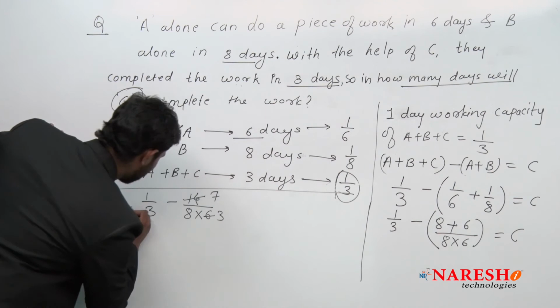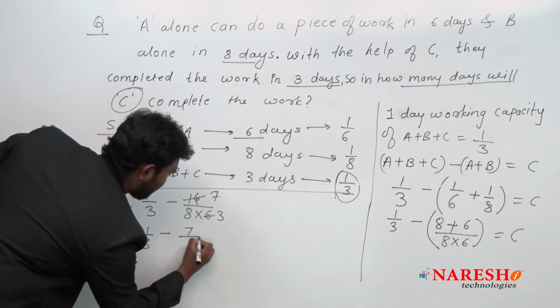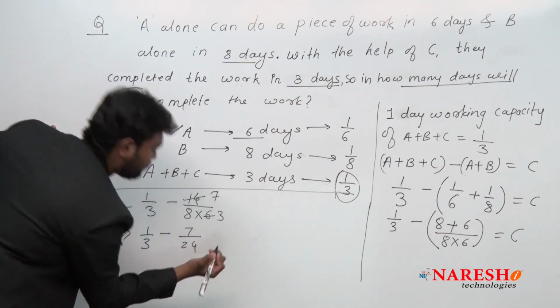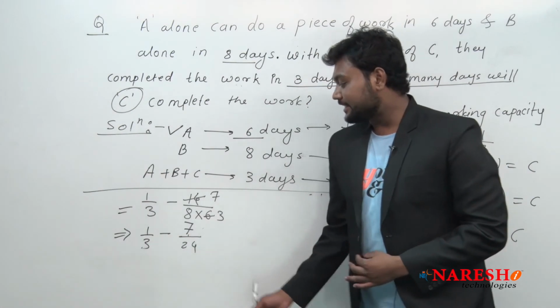Now this is 1 by 3 minus 7 upon 24. 8 3s are 24.